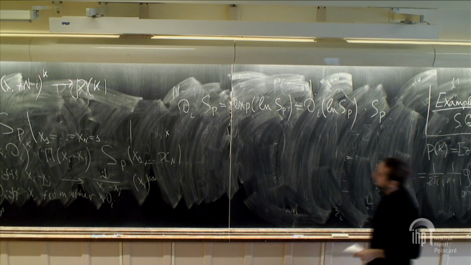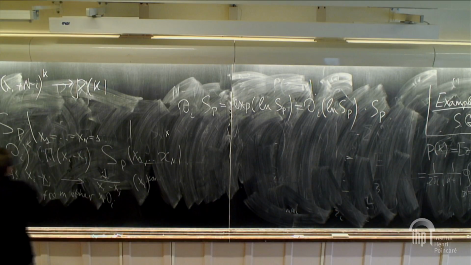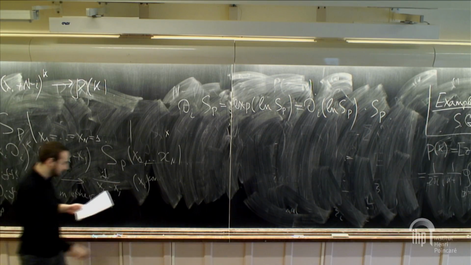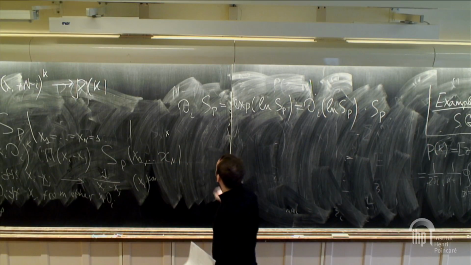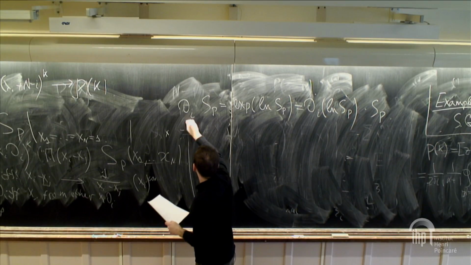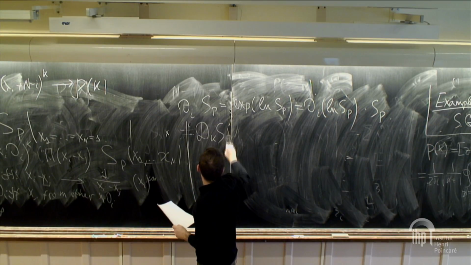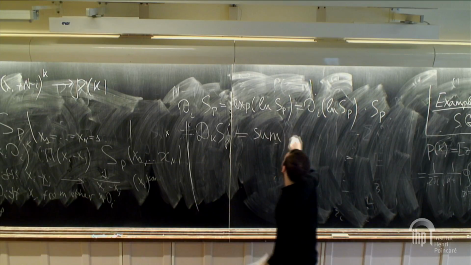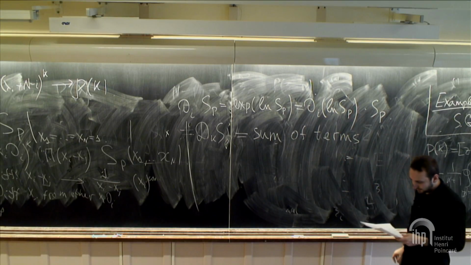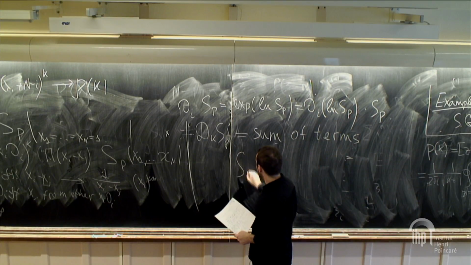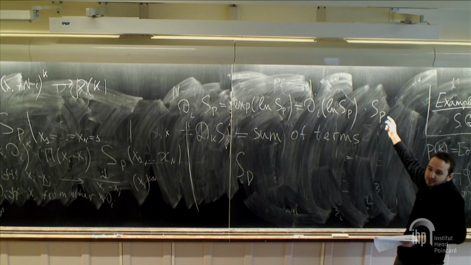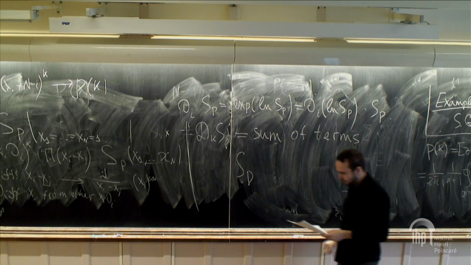Now the conclusion is that after you apply the Leibniz rule to this many times, the result will be a sum of terms of the following form. D_k S_p is a sum of terms which look as follows. S_p will pop out no matter what, because you differentiate this guy, then you differentiate again, and you apply the same trick, so S_p will pop out.